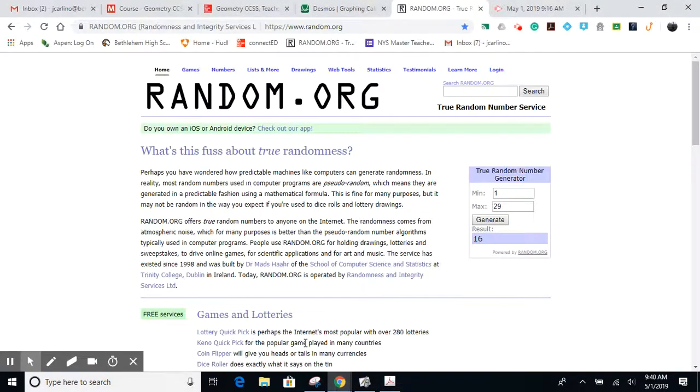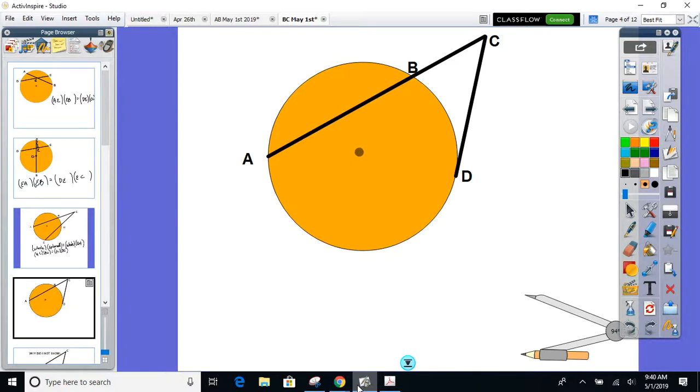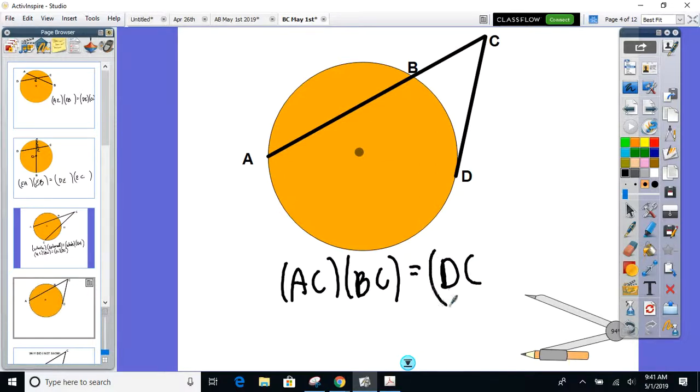What would it be then? Oh, 21. 3. Oh, fancy one there, huh? DC times itself. Look at that. Fancy. DC squared. Good. Anything else?